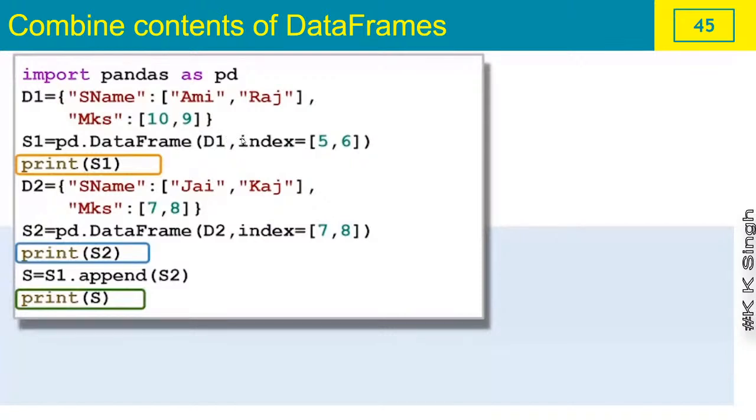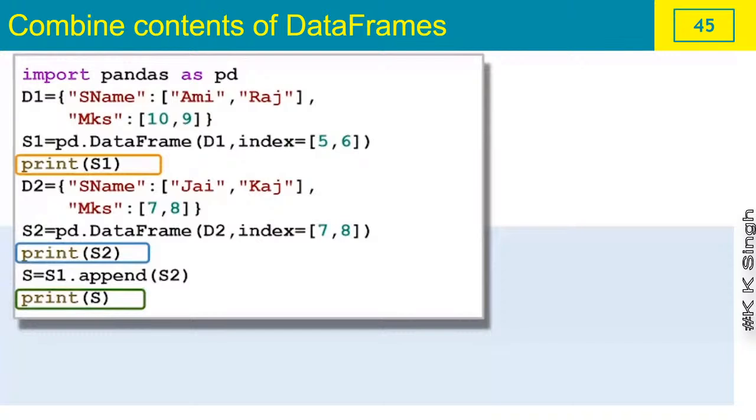If I omit the index, this is what happens, but since we have deliberately taken the index and given values like 5 and 6, the index values will be 5 and 6. So these are the locations, LOC.